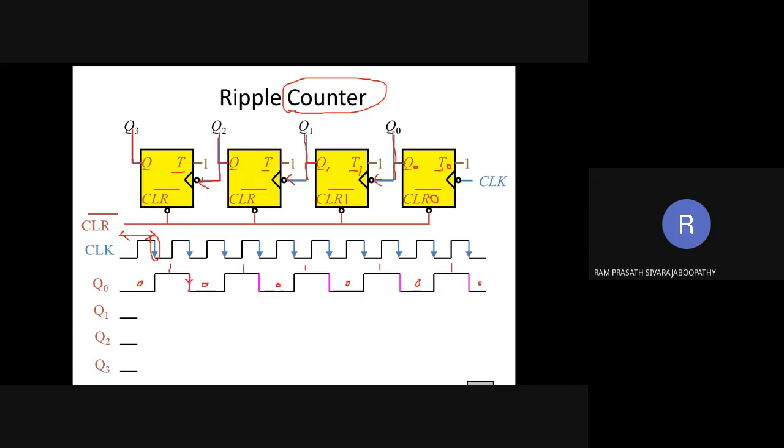I am going to mark the negative edge of Q0 output, which is the clock for the next flip-flop. So how will it work? Up to this duration, it will be 0. When the negative edge of Q0 arises, it becomes 1 till the next negative edge arises. So it will be like this. It seems like this. You can see. Correct?